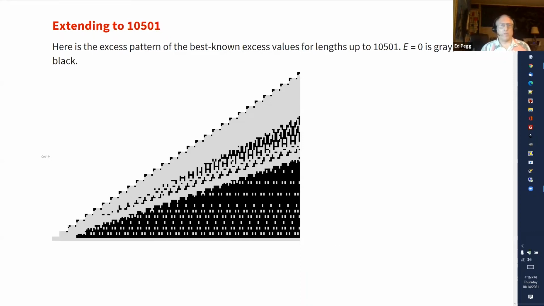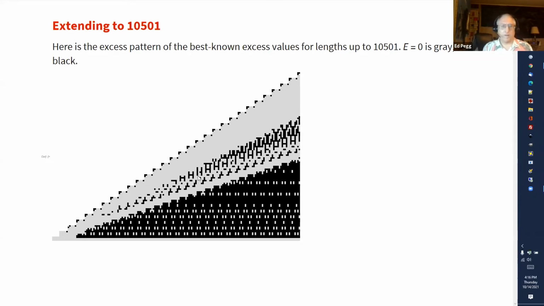And I decided to look up to 10,000. When I plotted out the results, I got this strange pattern, which Neil Sloane of the sequences database called "dark mills on a cloudy day."